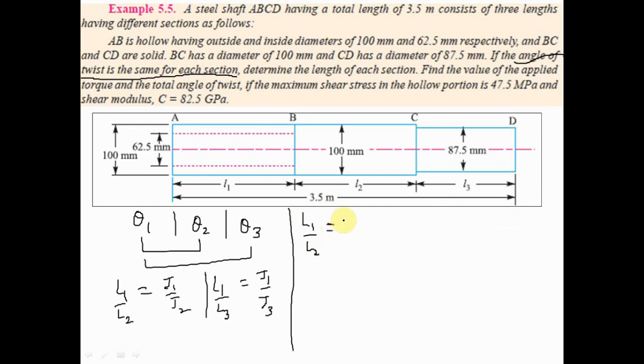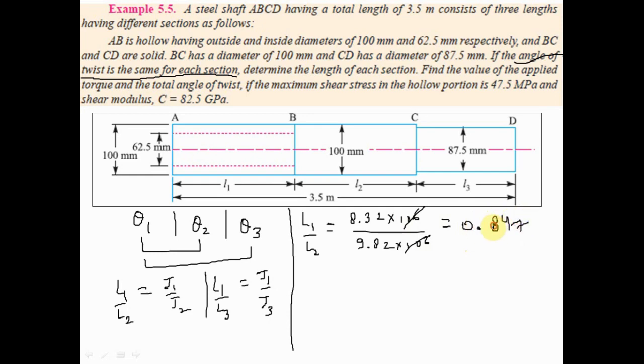J1 you calculated as 8.32 times 10 to the power 6, and J2 calculated as 9.82 times 10 to the power 6 millimeter to the power 4. Like values will get cancelled, so the ratio you will get, L1 by L2, is equal to 0.847.